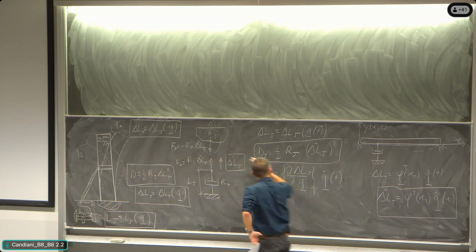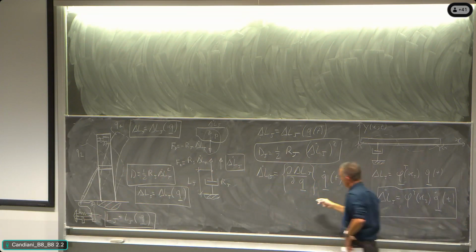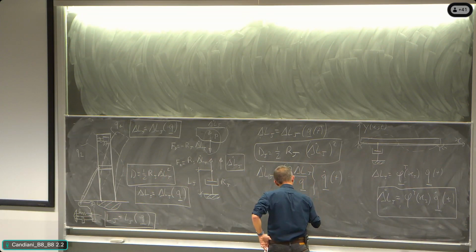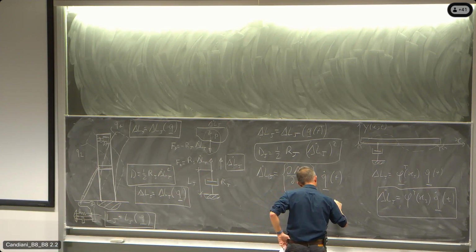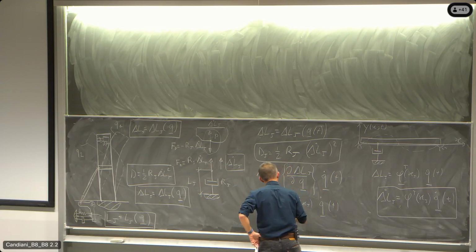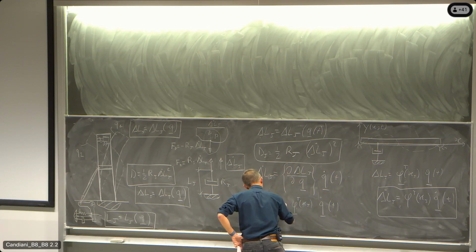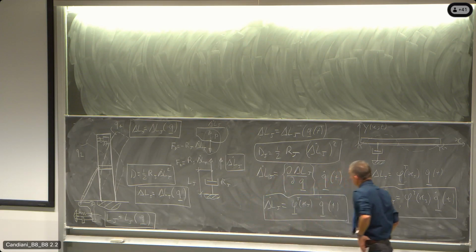In the very simple case that we are dealing with here, it is simply phi vector calculated at xj, times q dot. And here I have to say transposed. Is it clear?